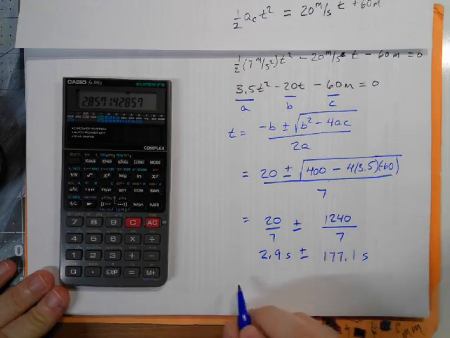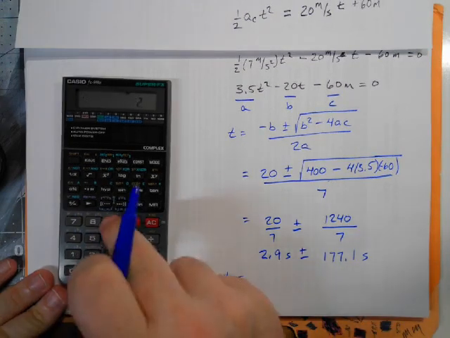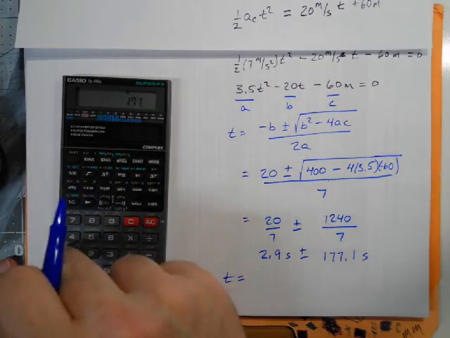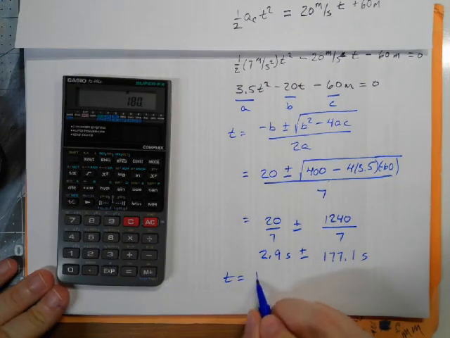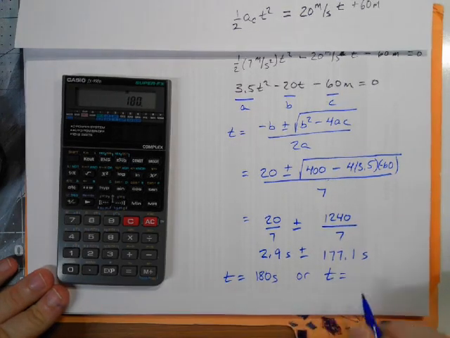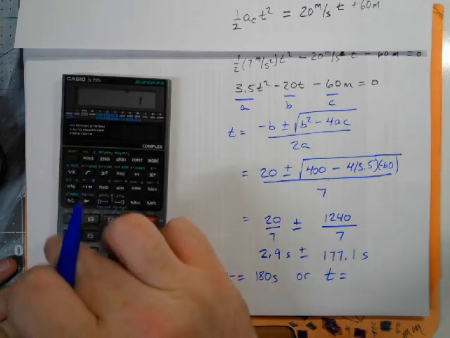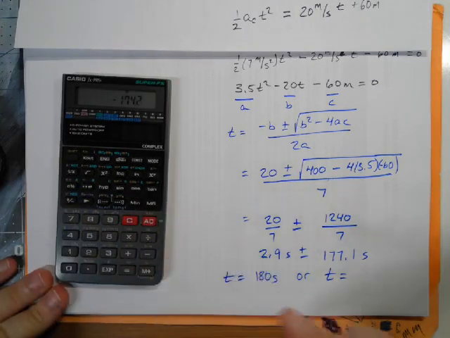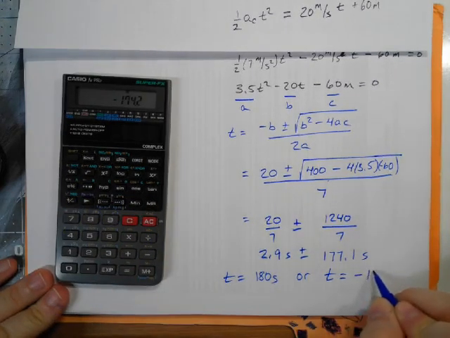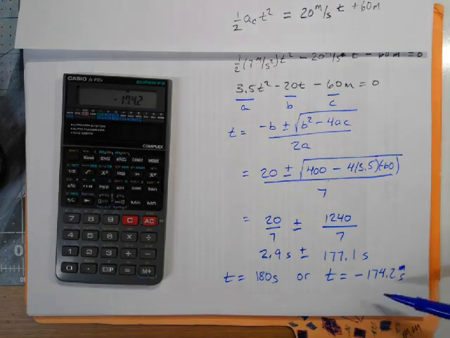So if we take the positive number, T could be 2.9 plus 177.1 should be 180. Or T is 2.9 minus 177.1 is minus 174.2 seconds.